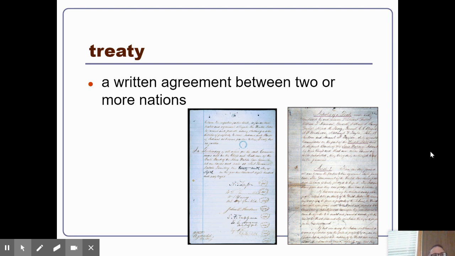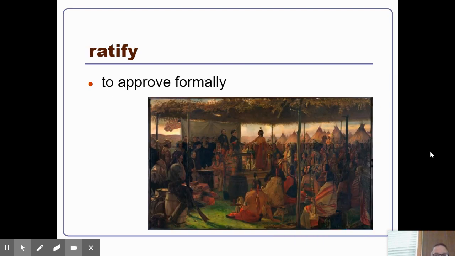In this case, the nations of the Dakota and the Ojibwe would be kind of that one group of nations, even though they're separate, and then the U.S. government. So the Ojibwe would make a treaty with the U.S. government. The Dakota would make a treaty with the U.S. government. We'll talk in more detail about the impact of these treaties, not only on the settlers and the U.S. government, but also on the Dakota and the Ojibwe.